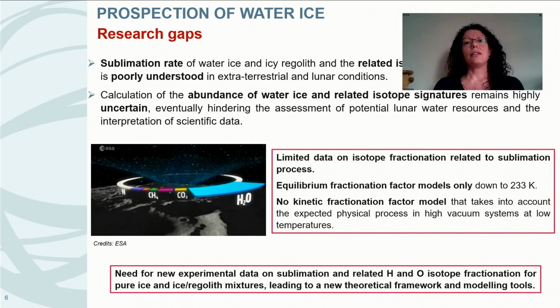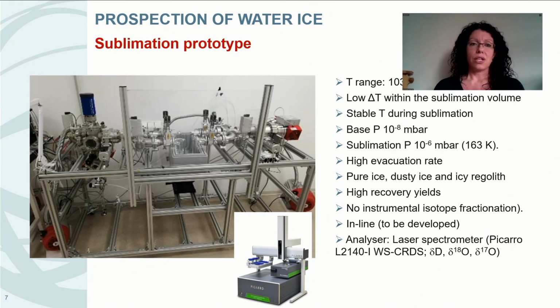Normally the lack of this data is linked to technological constraints. To overcome those technological limitations, we have developed a sublimation prototype to carry out sublimation under higher vacuum and lower temperatures than the existing setups reached, and under non-equilibrium conditions.